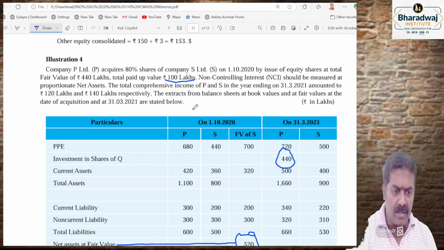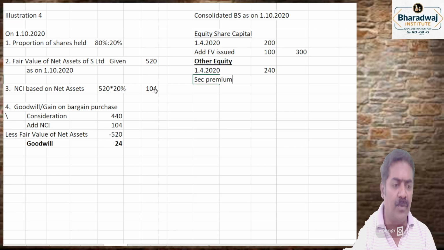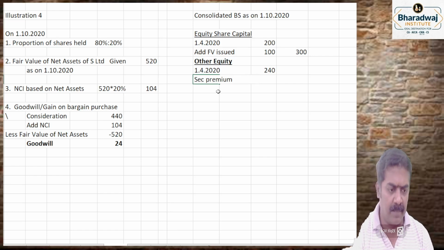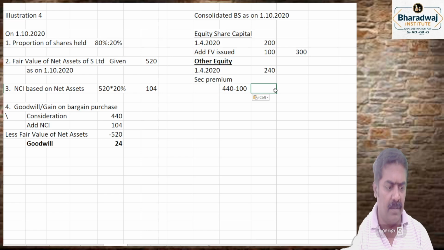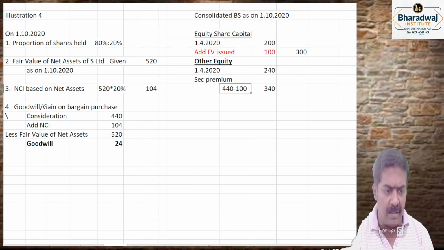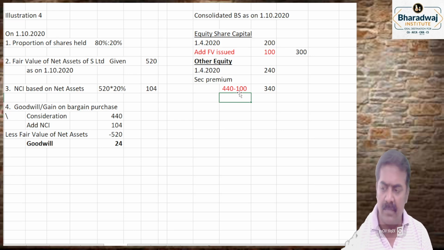Look at this: 100 lakhs face value, fair value 440 lakhs. Securities premium on allotment of shares will be 340 lakhs. Face value issued is 100 lakhs, but fair value of the share is 440 lakhs, so the premium will be recorded here. What else will come? Think.